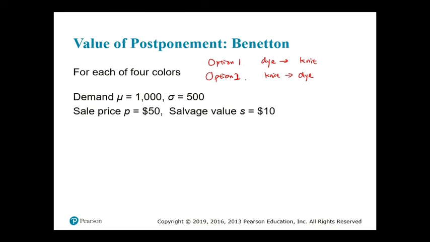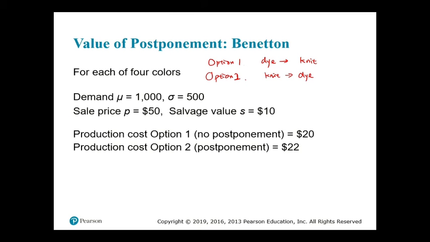So option 2 would be the late differentiation option, right? Because in option 1, the differentiation happens at the beginning of the production. The demand, selling price, and salvage value are the same for both options. The production cost for option 1 is $20 per unit, and for option 2 is $22 per unit.